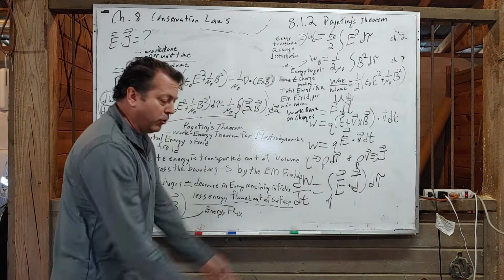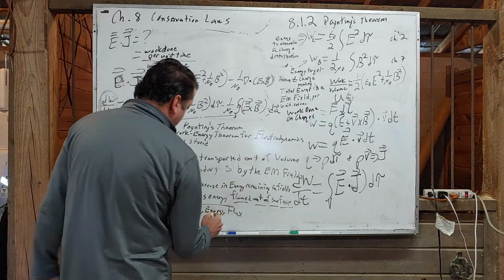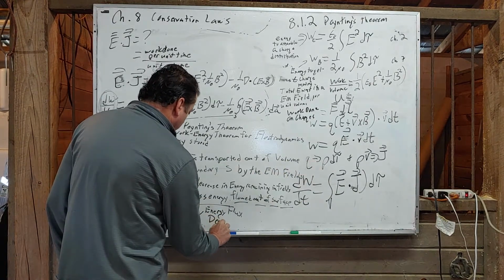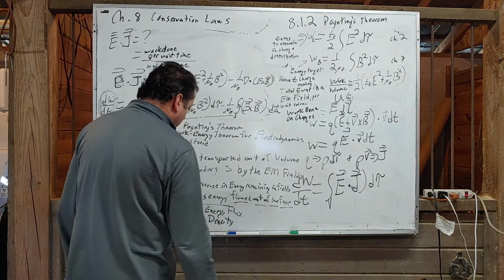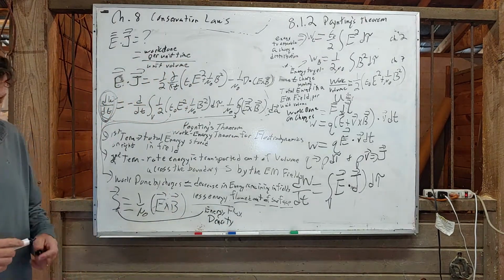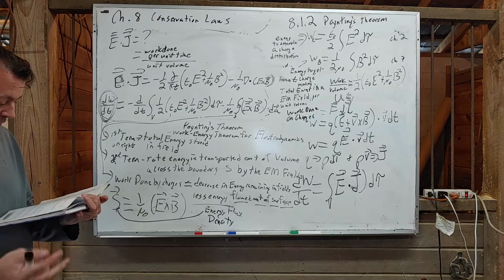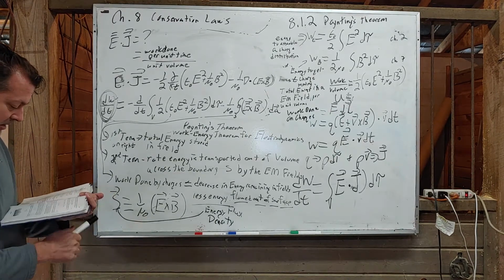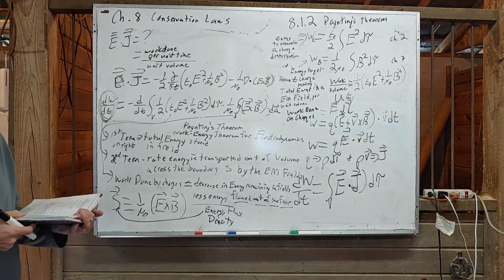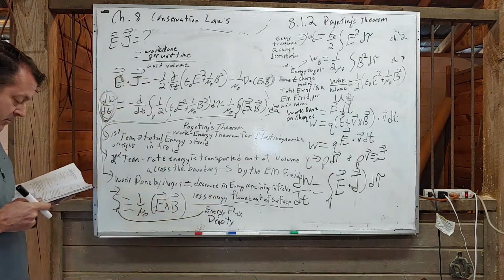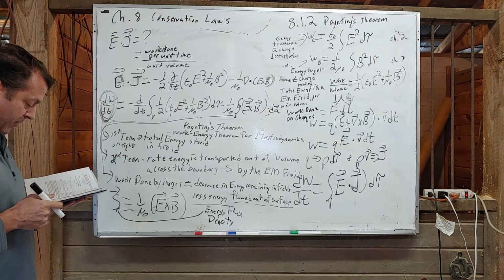Because energy flux is how much energy flows into something over an area. It's the energy flux density. And later on, within a couple equations, you can take this and get a continuity equation for energy: energy into a system equals energy out of it. But I'm not going to really focus on that.